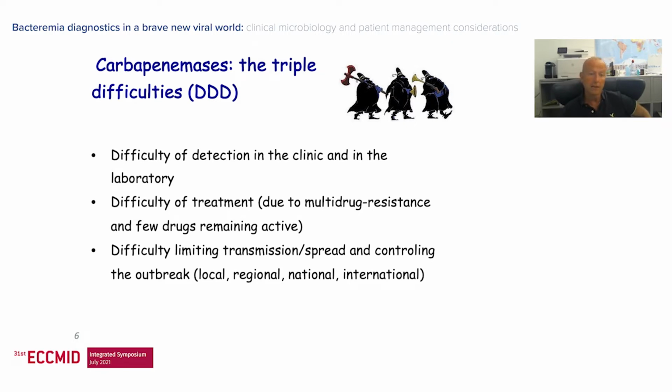And there is also very high difficulty in terms of treatment due to the multi-drug resistance pattern of those isolates and few drugs remaining active. And there is a difficulty thereafter to limit the transmission and the spread of those clonal backgrounds and to control the outbreak either at a local, regional, national, or international level.